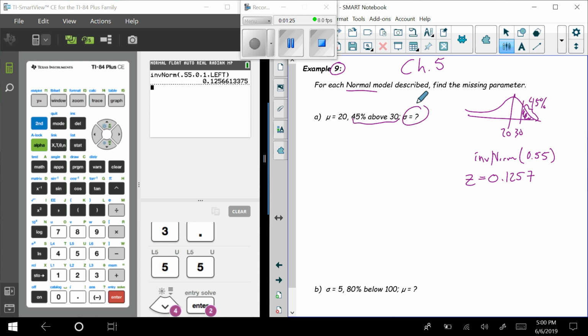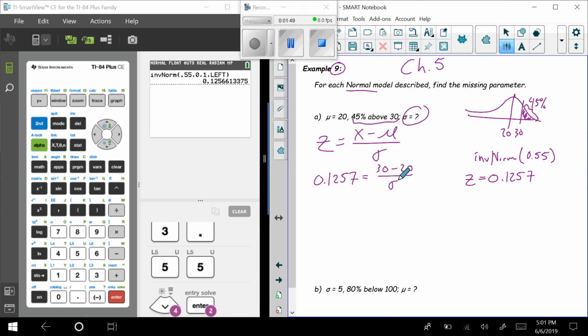Now, that helps, right? But we're really looking for our sigma. Well, we know that z is equal to x minus mu divided by sigma. Now just fill stuff in. That's 0.1257 equals x. Well, x we actually know it's that 30, minus mu, well, that's 20, divided by sigma, right?